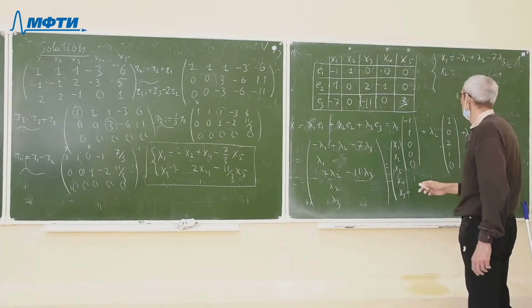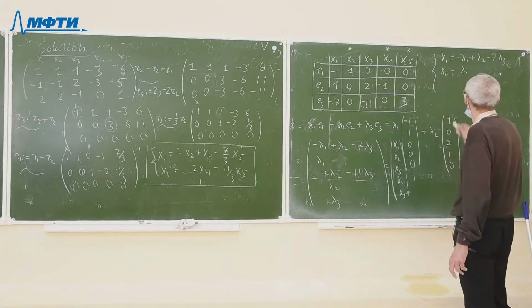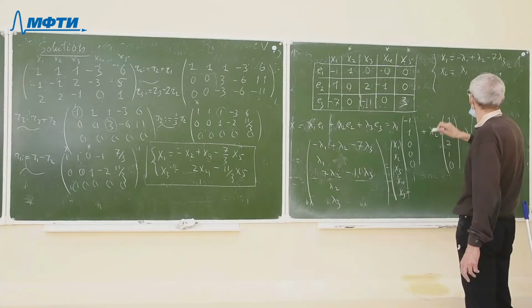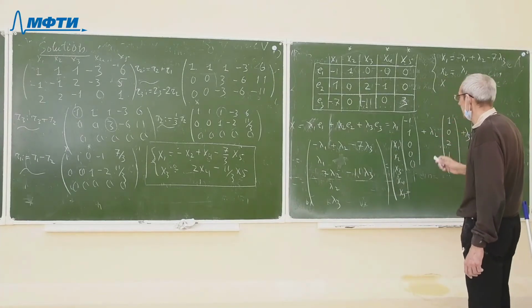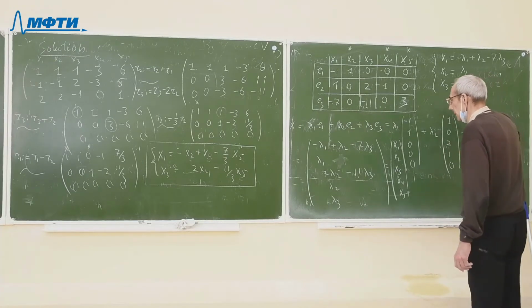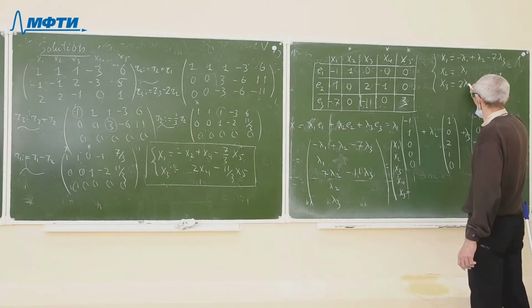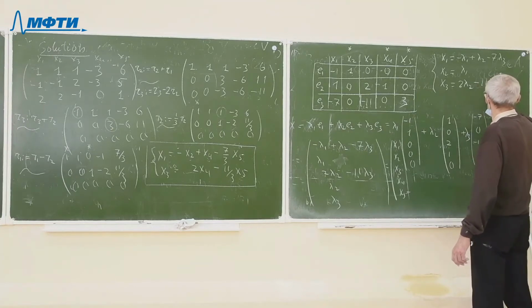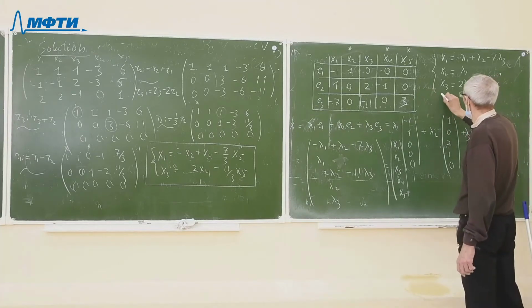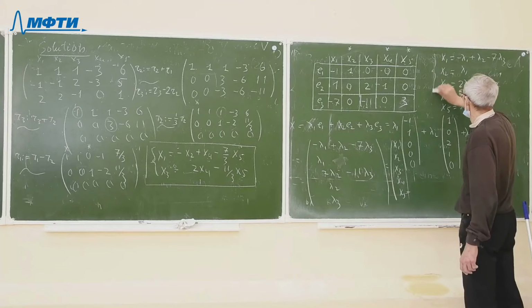x2 is equal to lambda 1. x3 is equal to lambda 2 minus 11 lambda 3. x4 is lambda 2, x5 is lambda 3.